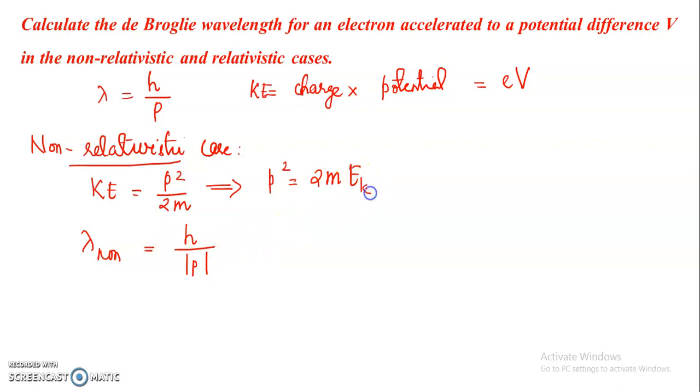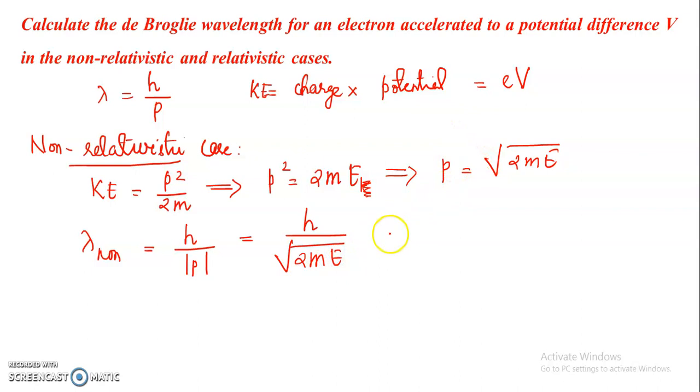So lambda non-relativistic equals h by modulus of p, where we write the kinetic energy as E. So p equals root 2mE. For a charged particle, the kinetic energy is equal to eV.